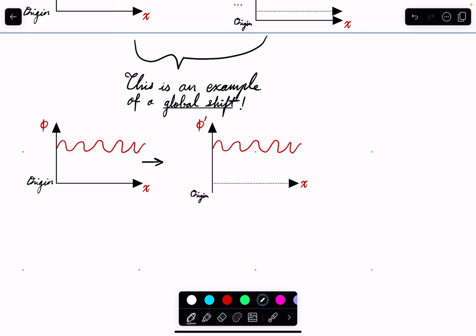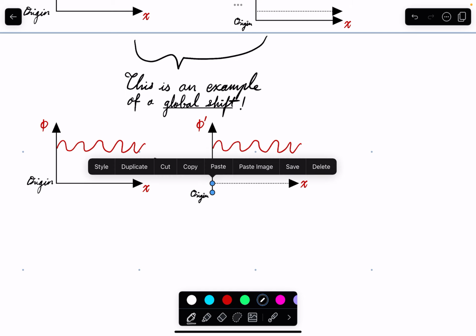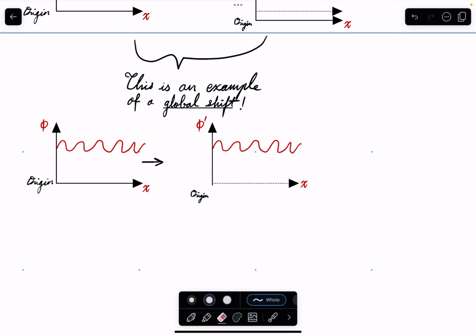But then the actual value could change or go up or do something different. And I'll draw a better one. Let's just say that it looks like this.